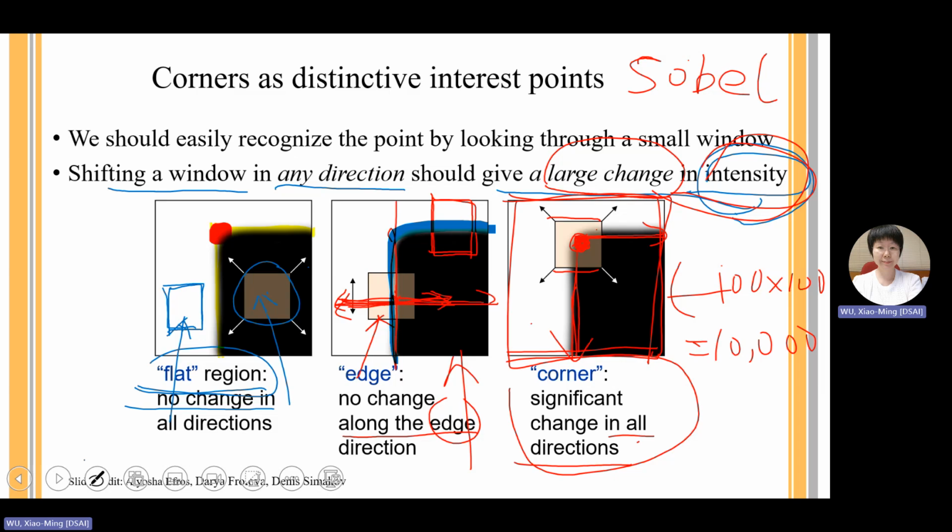Essentially, if we do non-maximum suppression, ultimately there will be only one pixel representing the corner, because there's only one corner within this image. So we're going to select one pixel from those 10,000 pixels.